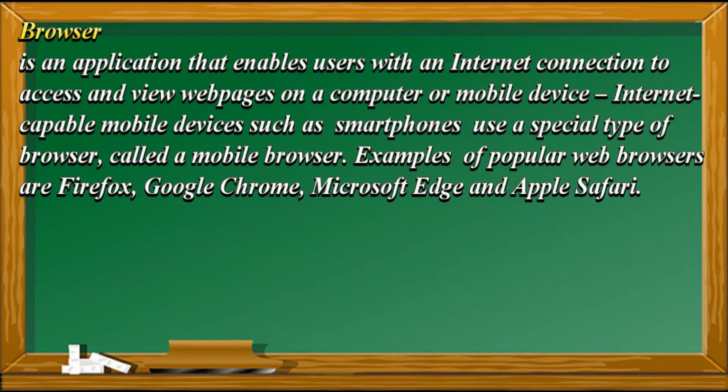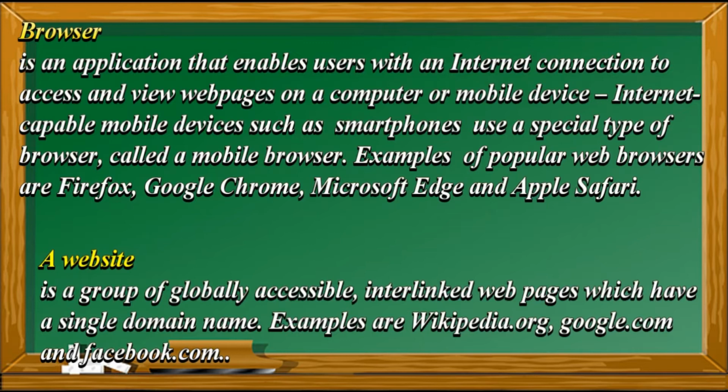Internet-capable mobile devices such as smartphones use a special type of browser called the mobile browser. Examples of popular web browsers are Firefox, Google Chrome, Microsoft Edge, and Apple Safari.